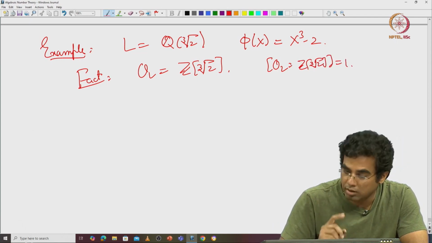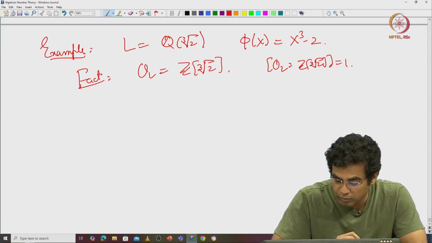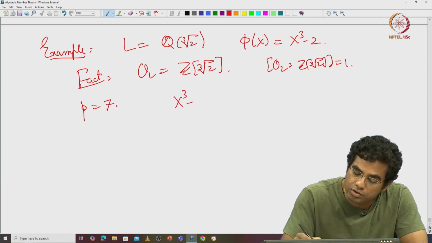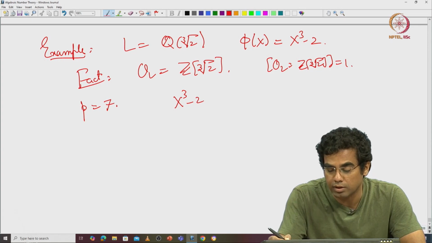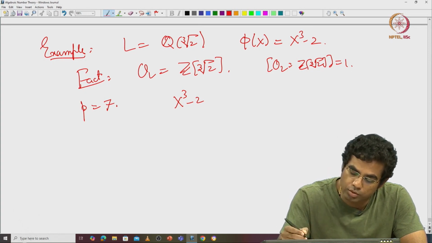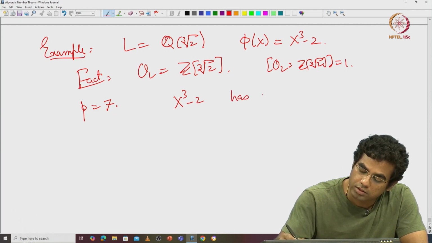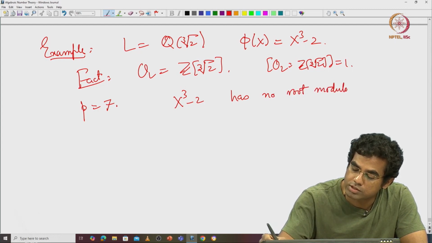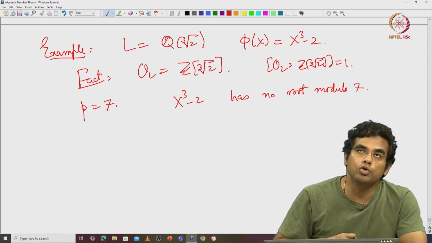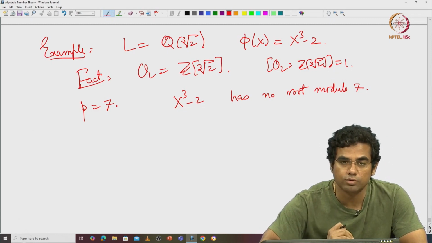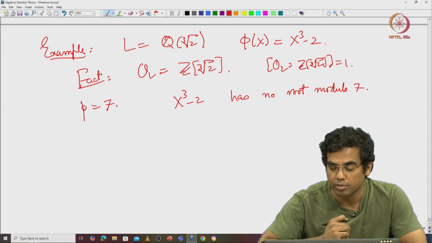So, now you can take some prime, let us say p equal to 7, and so you consider x cube minus 2 mod 7, and does it have a root? So, this has no root modulo 7, right, because the only cubes modulo 7 are plus 1 and minus 1. x to the 6 is 1, and so the only roots are plus 1 and minus 1.